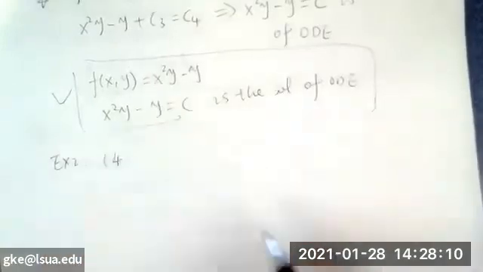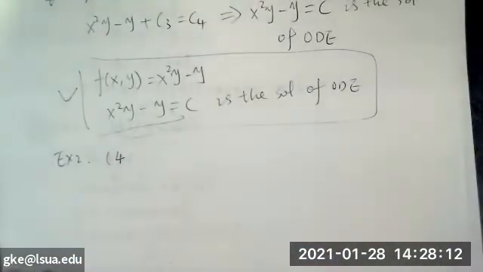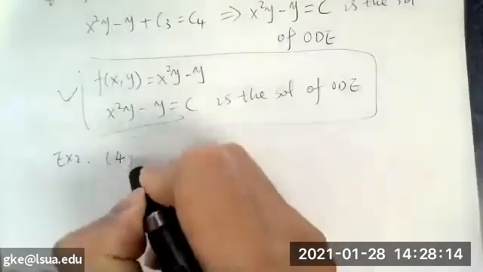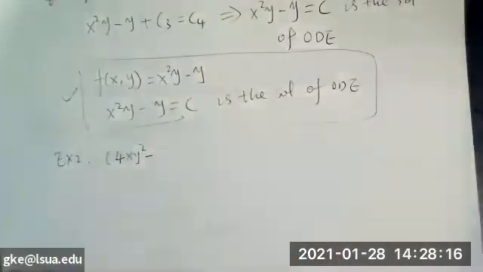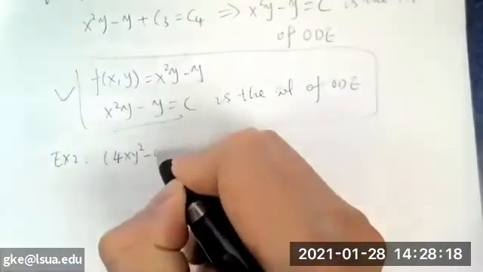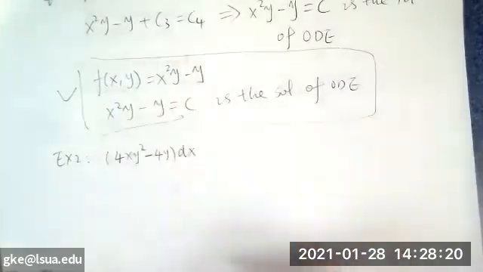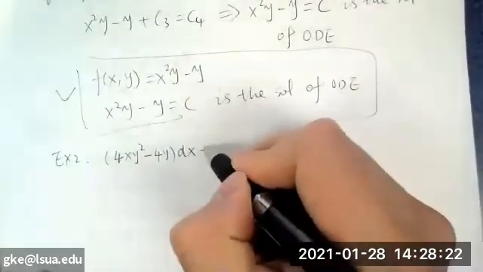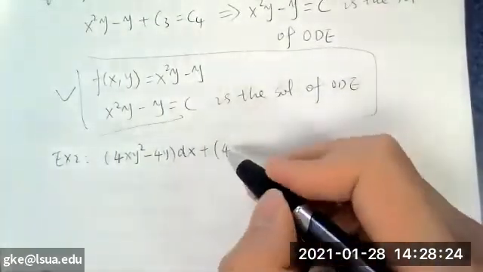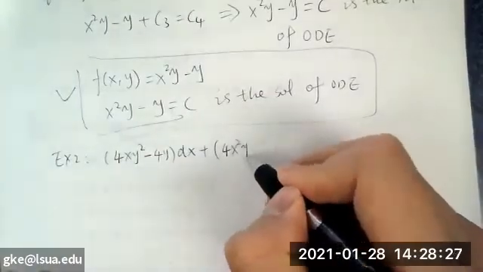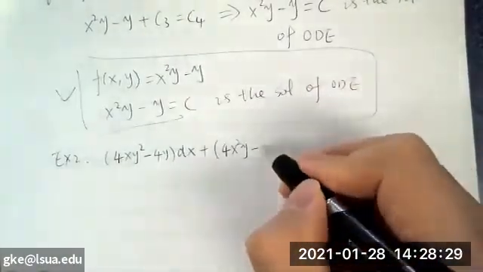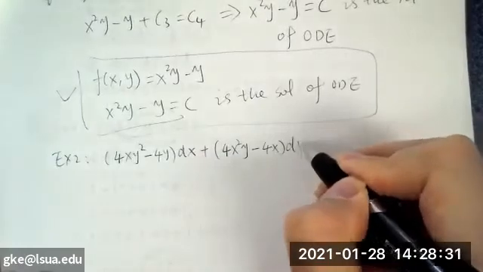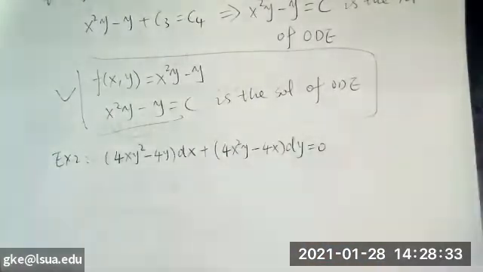First equation is 4xy squared minus 4y dx plus 4x squared y minus 4x dy equals 0. Okay, and try it by yourself.